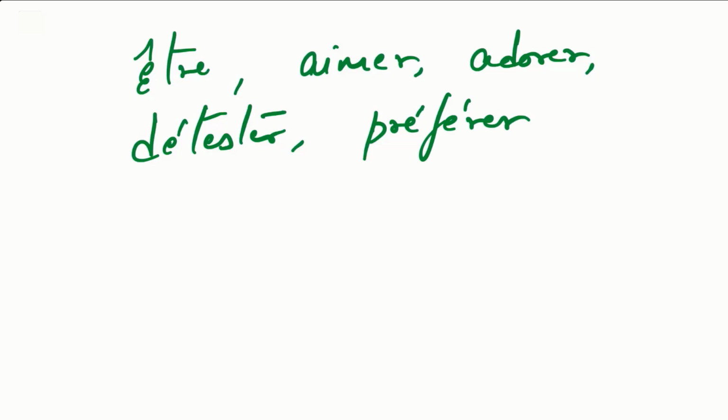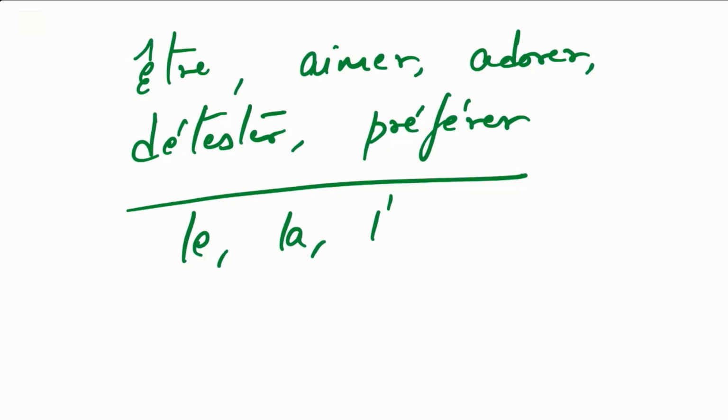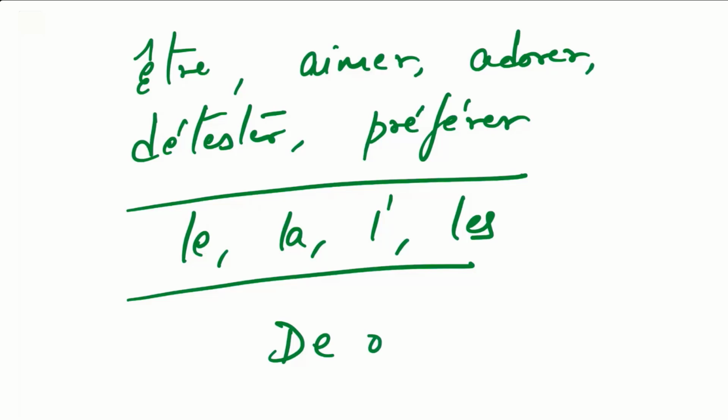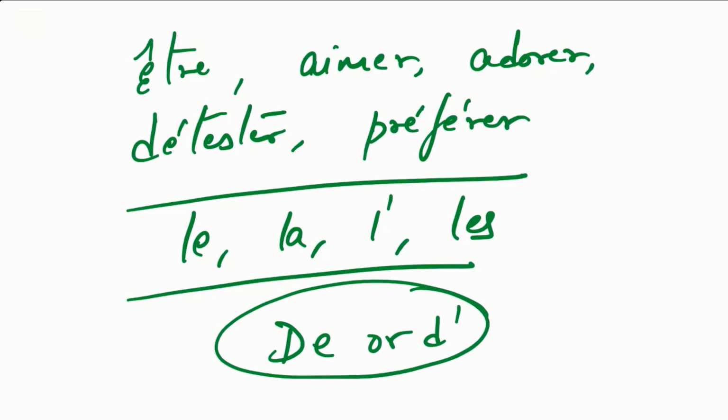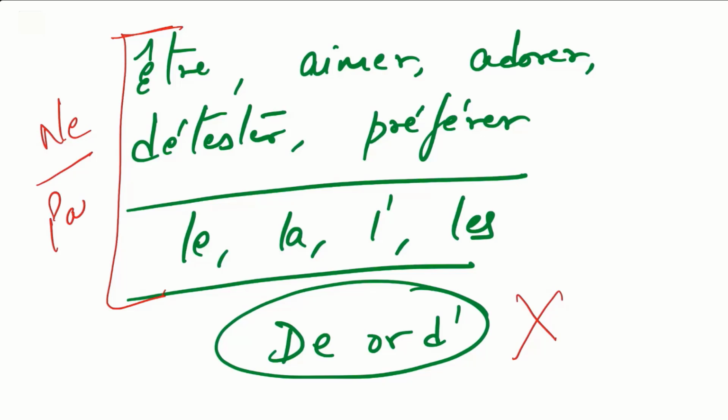If these verbs are there and definite articles are there in the sentence, then this rule of de or d' won't come. It will remain the same. Here we are just adding ne and pas, nothing else. No other changes are required.